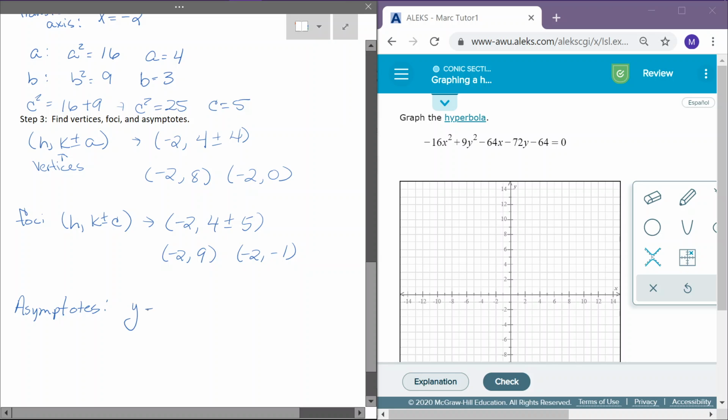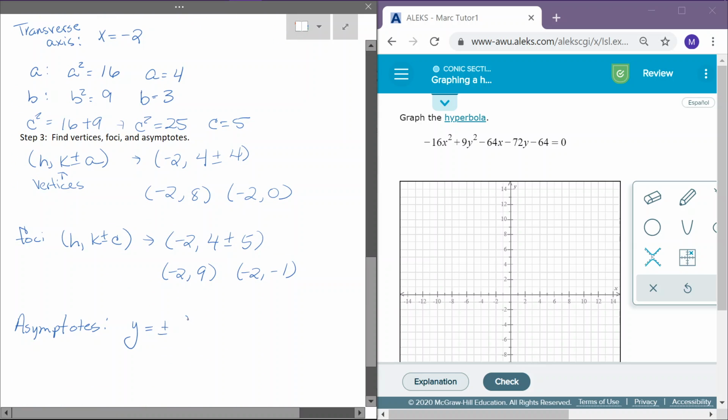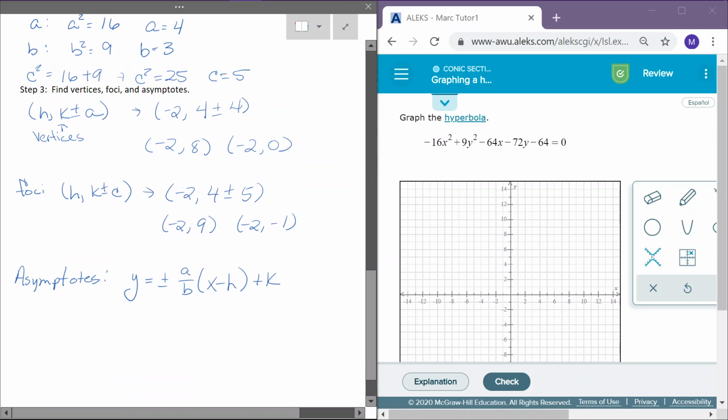This is vertical, so it's going to be this formula: y equals plus or minus a over b times (x minus h) plus k. So we're going to have y equals plus or minus 4 over 3 times (x minus negative 2) plus k, which is 4. So we'll have y equals plus or minus 4/3 times (x plus 2) plus 4.